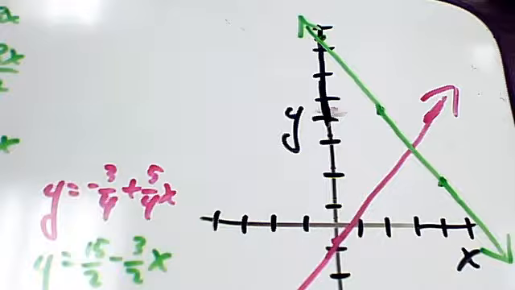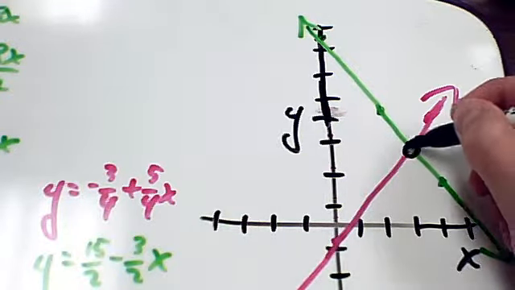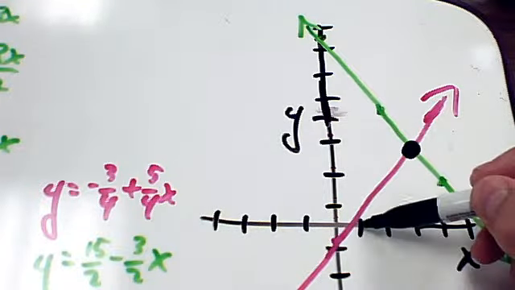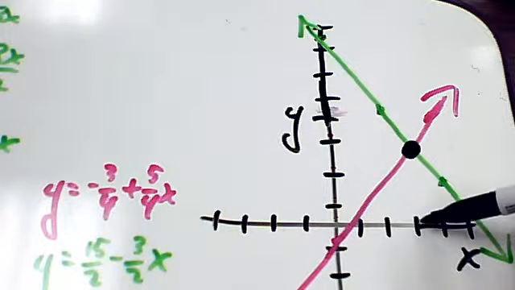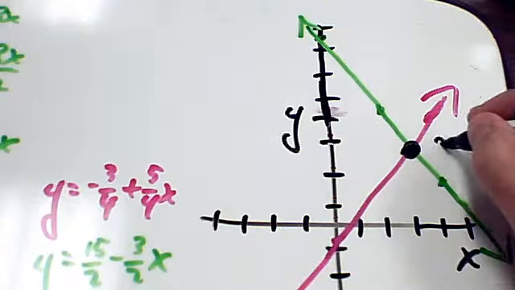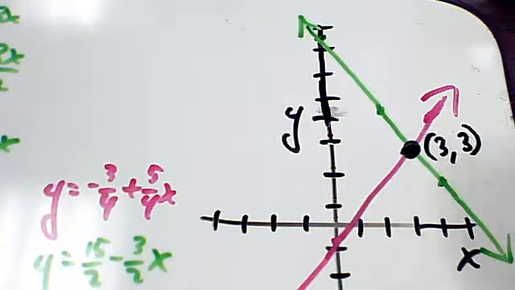Now the solution is the point where they intersect, which looks to be about 1, 2, 3. It kind of looks to line up there. And so this is 3, 3. Anytime we graph, it should end up being something easy to tell. Otherwise, there's not really a point in graphing.